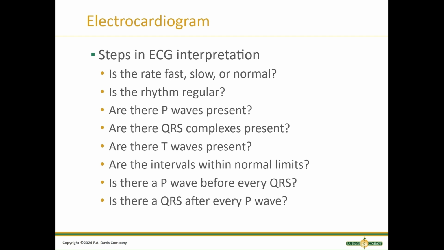Is there a QRS complex present? Are there T waves present? How do they look? And what are the intervals? Are they in normal limits? Is there a QRS with every P wave? So we can take these questions and look at our strips to determine if it is normal and possibly be able to analyze what kind of rhythm it is.